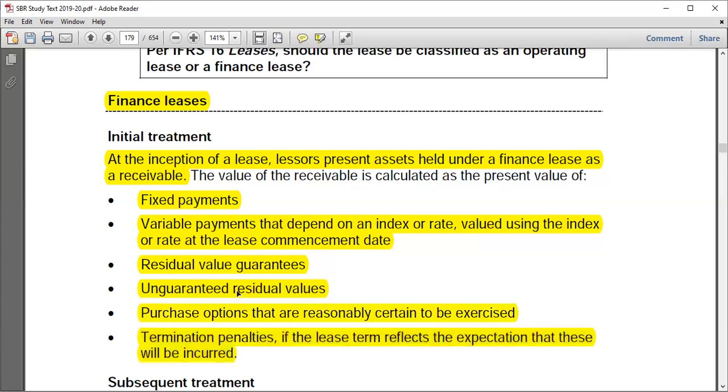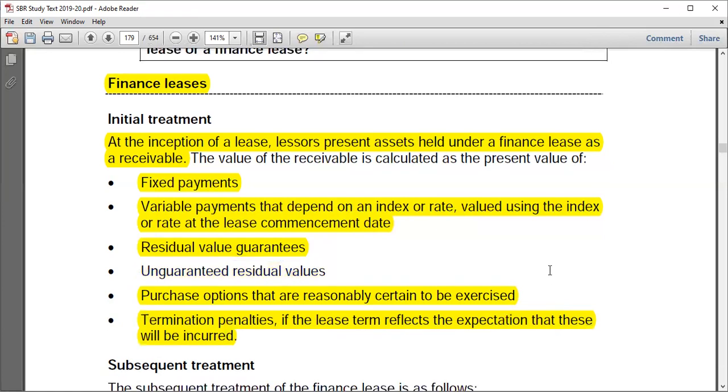Except for the unguaranteed residual value, all the remaining components also appear under the lease liability. So you can just get a picture of that. You are just repeating the same thing, but instead of having a liability, you will now be having an asset. That's just the point.